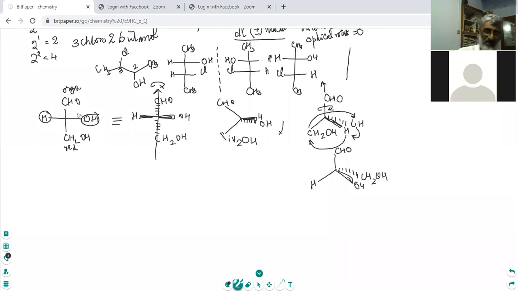Now let me repeat the same thing here. I'm holding the CHO as such, no change. This I will bring here. This I can bring here. This I can bring here. Remember, molecule will not change. In a Fischer projection, this type of a rotation is allowed.